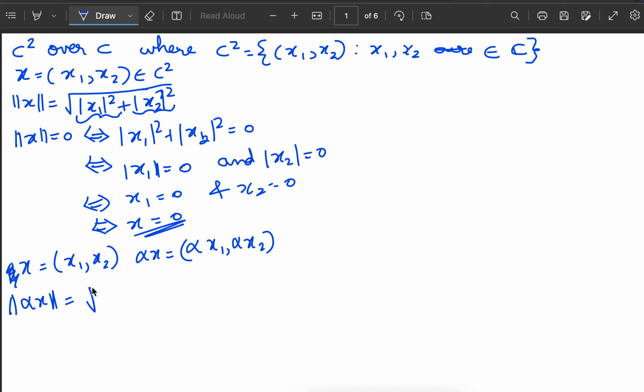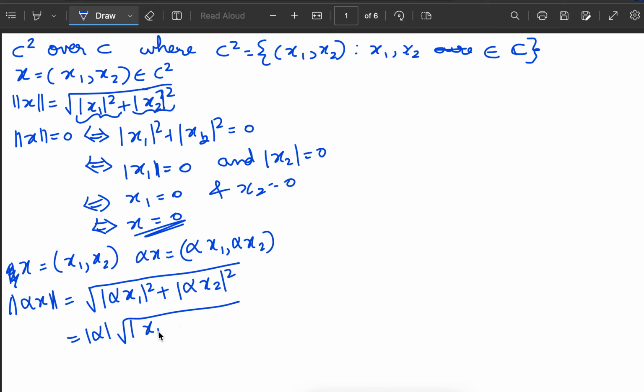It is equal to the square root of mod alpha x1 square plus mod alpha x2 square. This mod alpha square is common in both terms, so we can take that outside of the square root, so it becomes mod alpha into the square root of mod x1 square plus mod x2 square. So this is norm x, so this is equal to mod alpha into norm x. So the third property is also satisfied.